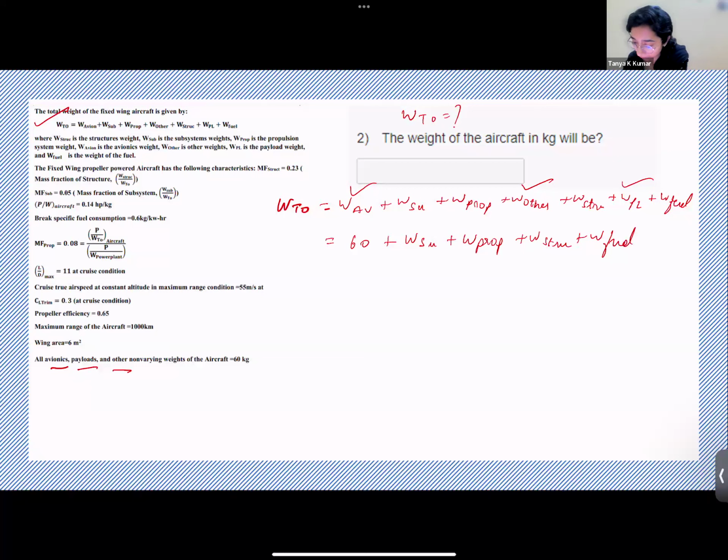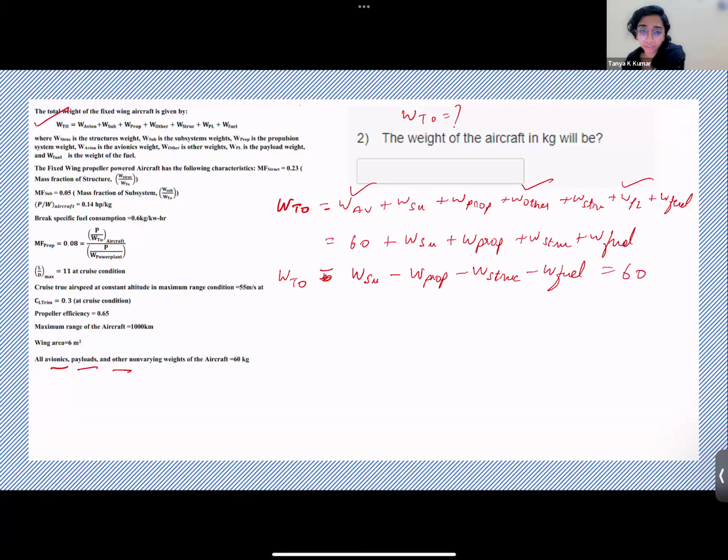So leave 60 here, take all the other terms on the other side. So you have W takeoff minus W subsystem minus W propeller minus W structure minus W fuel equals 60.